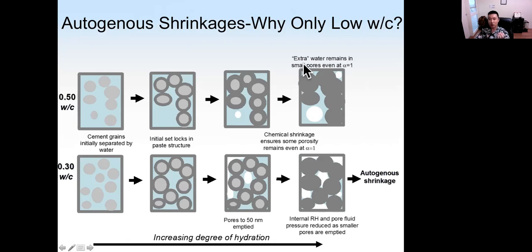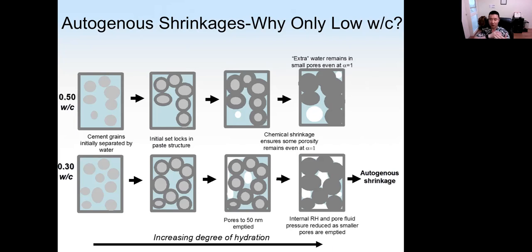That means we have actual water remaining in the smaller pores, even when we have 100% degree of hydration, so R equals 1. Because the pores do not dry out, there's no shrinkage stress.